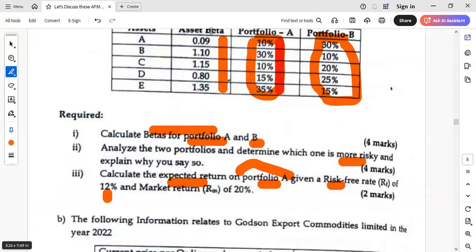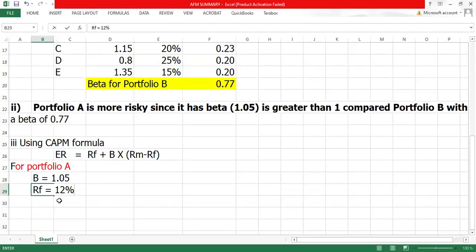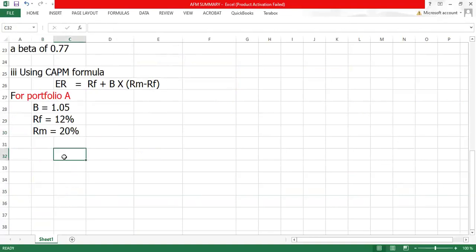Then RM is 20%. So substitute in the formula. Our expected return for portfolio A will be RF, which is 12%, plus beta, which is 1.05, times the 20% minus the 12%.